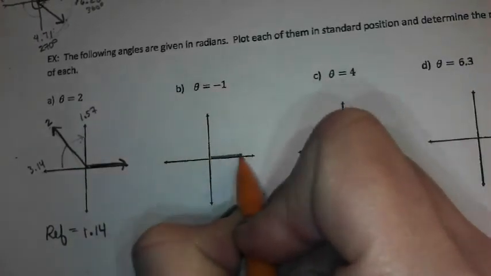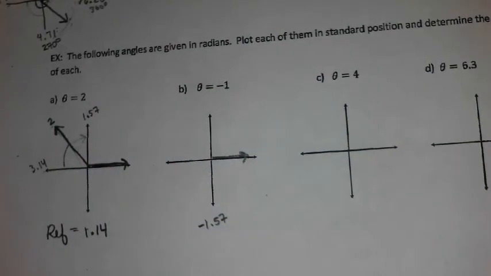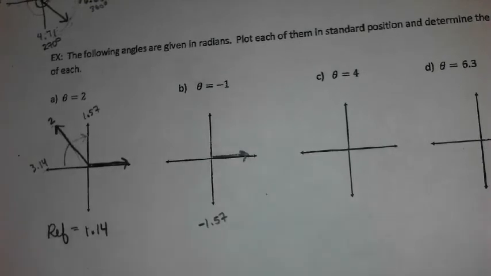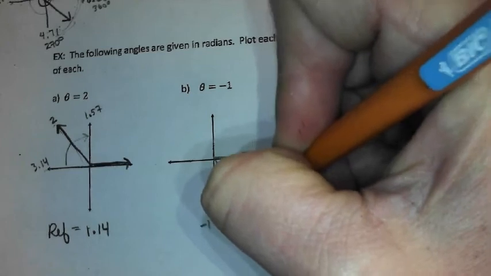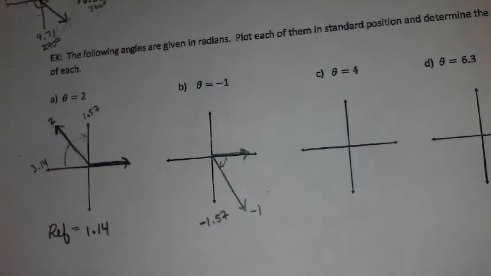Okay. Negative 1. This is negative 1.57. So what quadrant is negative 1 in, Grace? Yep. And what's my reference angle, Nate? I think, where are you getting that from?